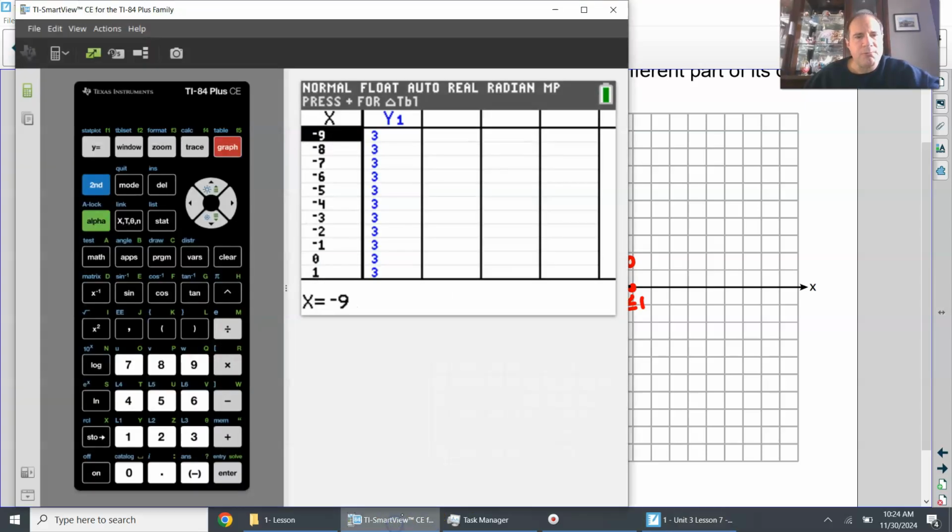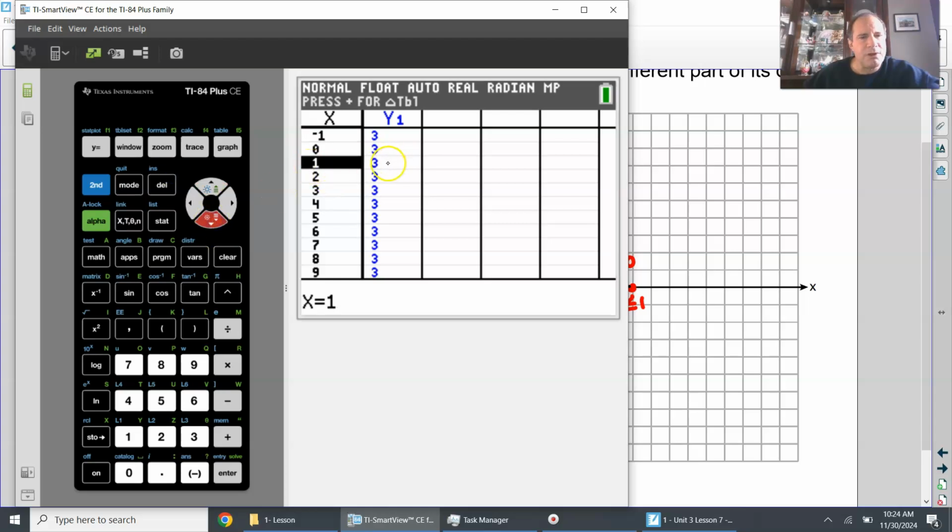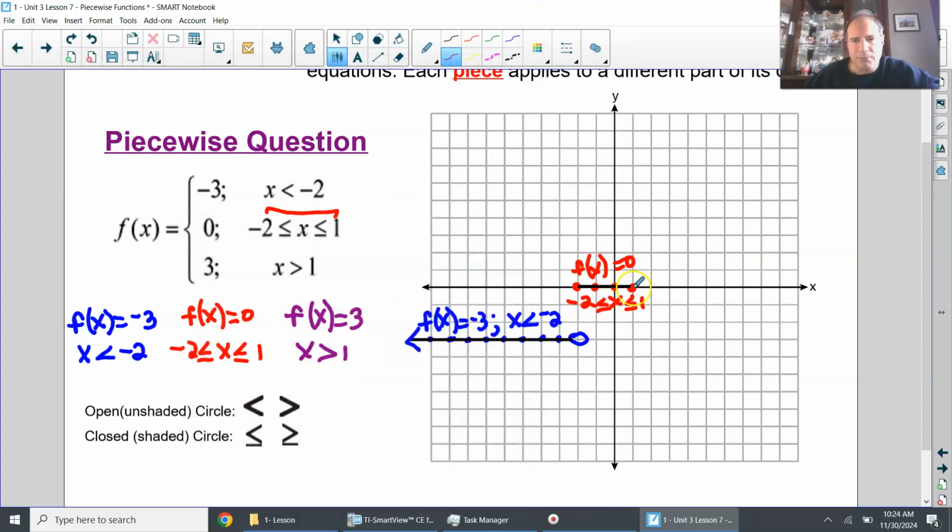So I'm going to go all the way down to 1, and actually go past it a little bit because I want to see exactly what's after 1, and then I'll go back up. There's 1, 3; 2, 3; 3, 3; 4, 3. So I'm going to go to 1, 3.